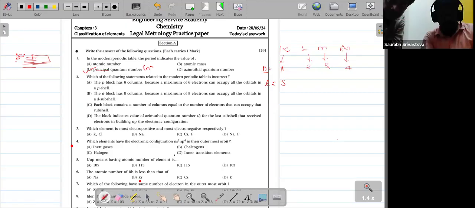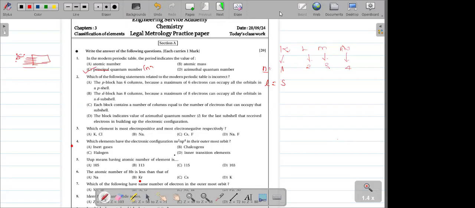No, it is not visible. Not visible, sir, only you can see it. Here, share. Sir, visible now? Yeah. Now it's okay now, sir? Yes, sir.